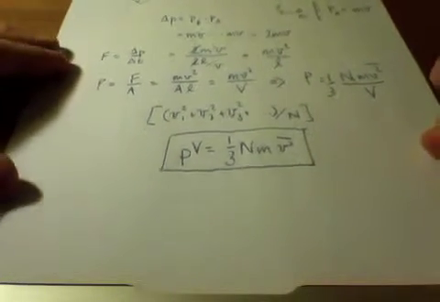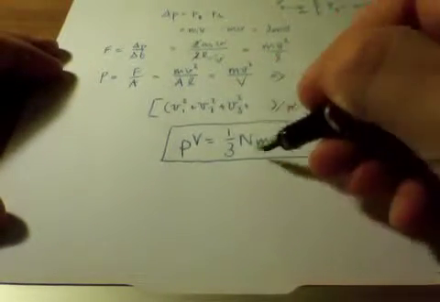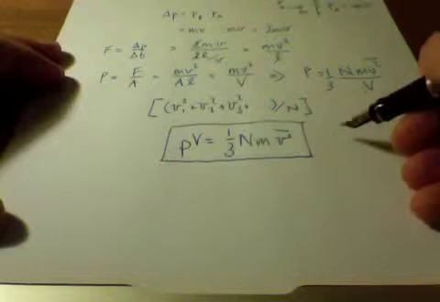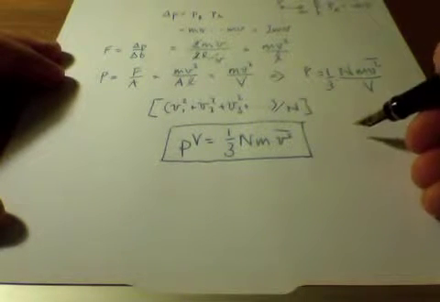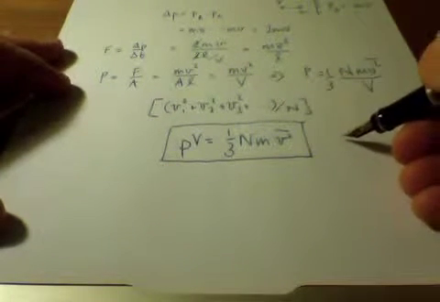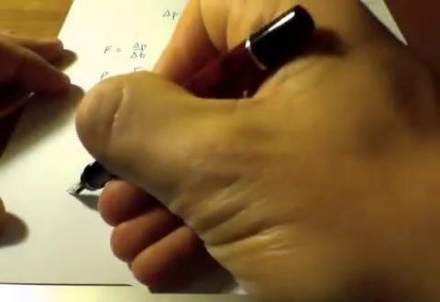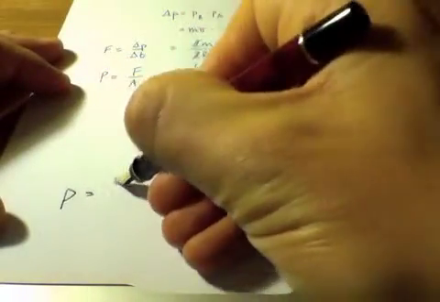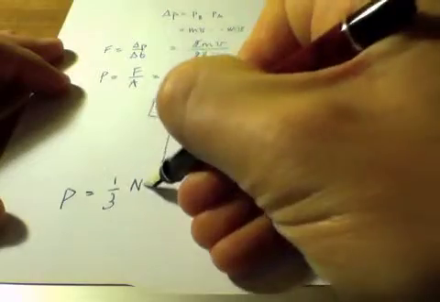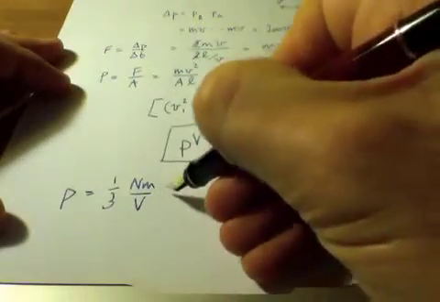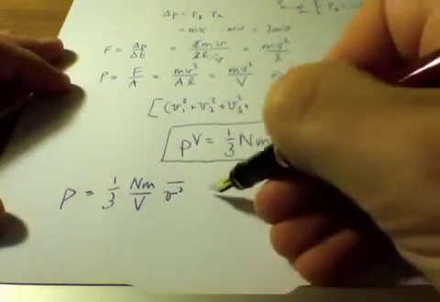Excellent. Now, the last little bit will be, there are a few variations we can have on this equation here. If, for instance, I rearrange, let me do it down here. Let me imagine I rearrange, so I get pressure is a third nm over v squared.